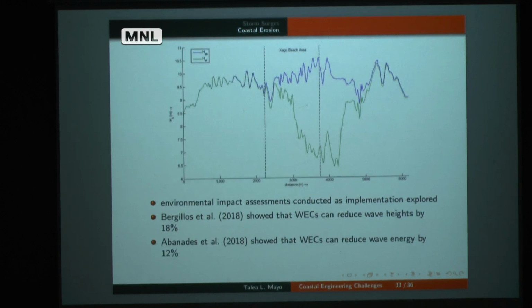That is this picture. Then another study, I think it's even the same group, showed that you're reducing the wave heights, so you're reducing the wave energy. So our idea is, if you are reducing wave energy, then isn't this a promising approach to coastal erosion? That's what we're working on now.